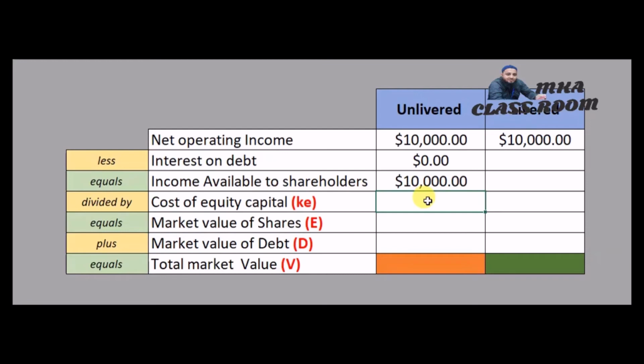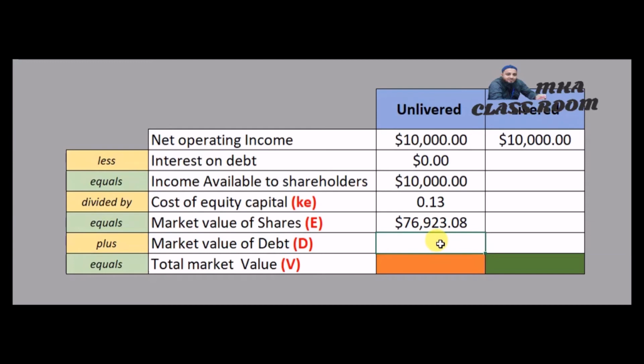Then the cost of equity of this unlevered firm is 13%, that means 0.13. So the market value of the shares will be calculated as income available to shareholders divided by cost of equity, that means 76,923.08 taka.